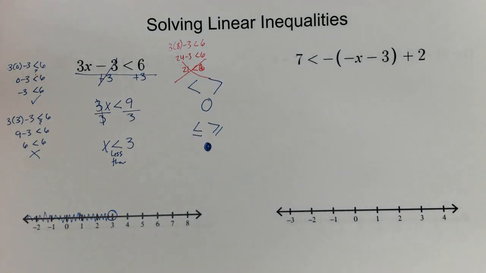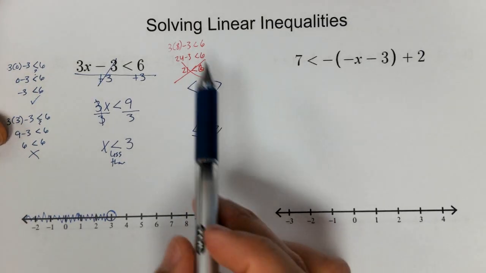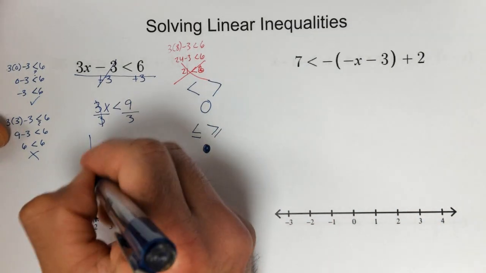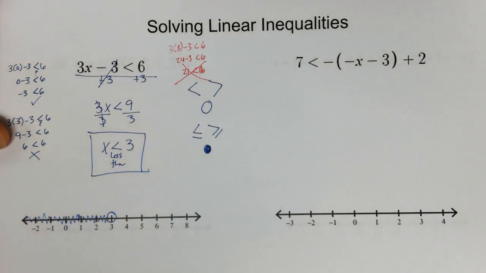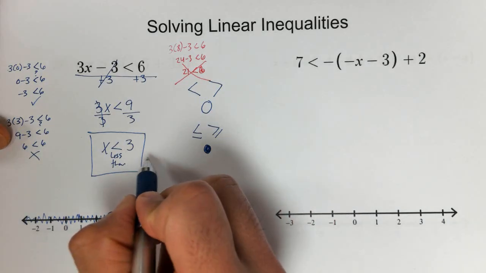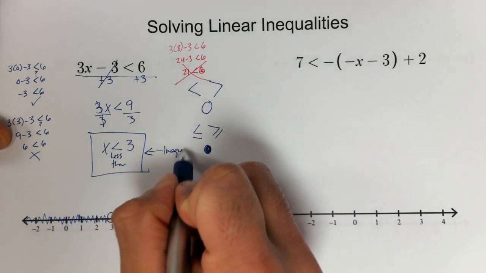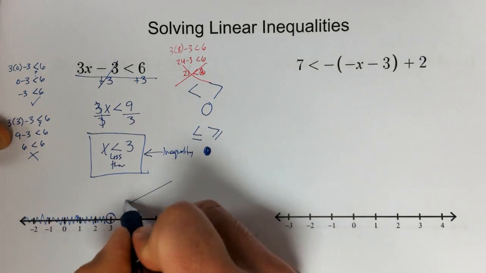So a solution, when you're dealing with a linear inequality or an inequality in general, is a range of values. This is my solution set, all the values. It's not just x equals something. It's x is everything below this number in this scenario. Now the solution can be expressed as an inequality, or it can be expressed as a graph.